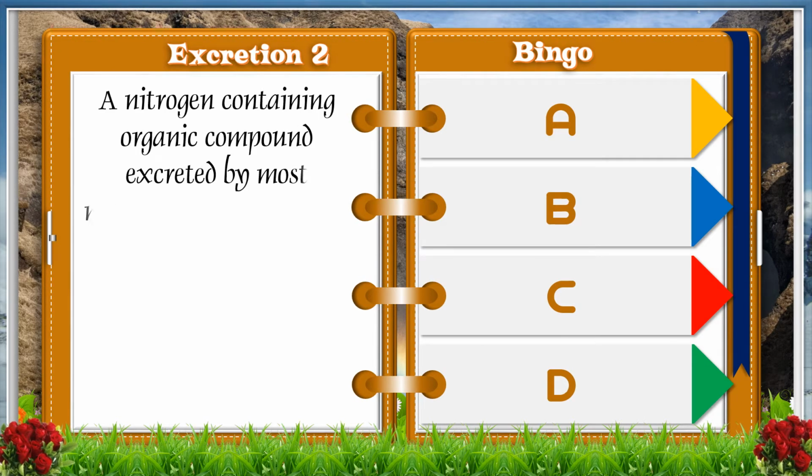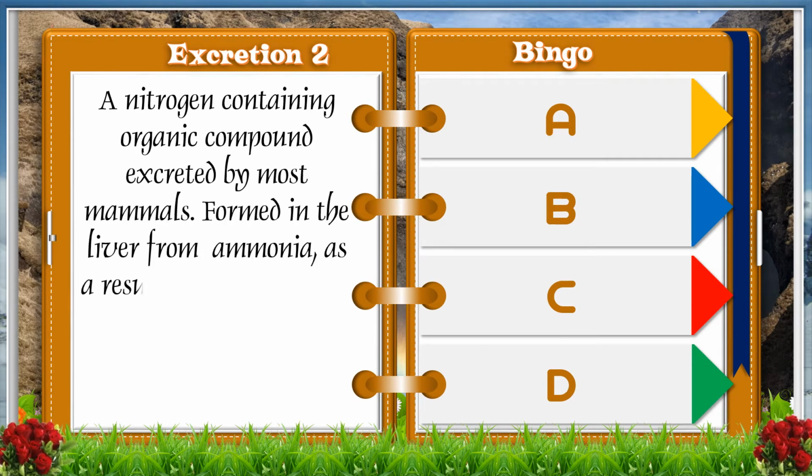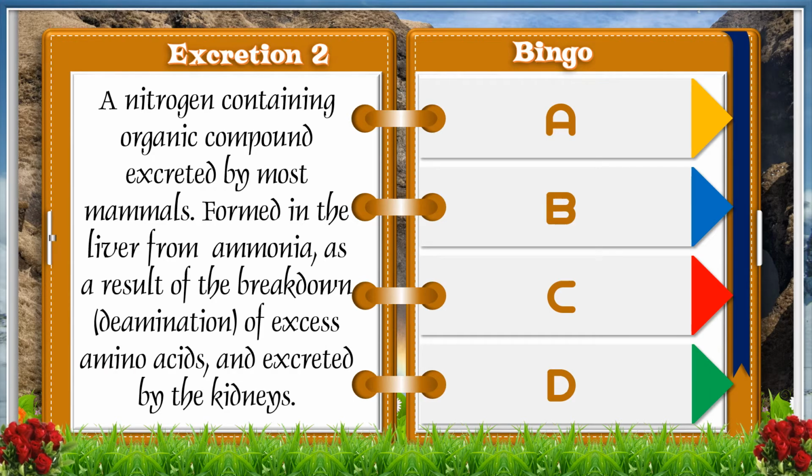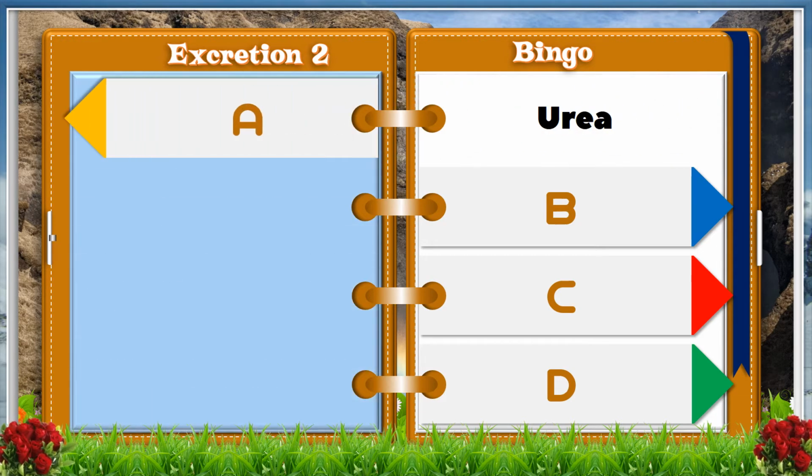A nitrogen-containing organic compound excreted by most mammals, formed in the liver from ammonia as a result of breakdown of excess amino acids and excreted by the kidney. A. Urea.